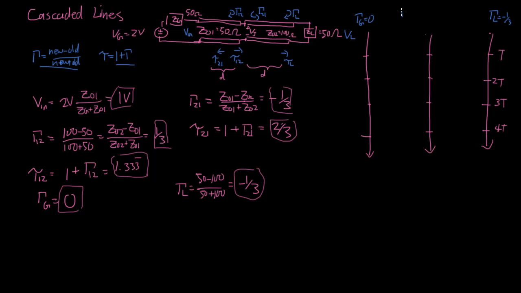And over here, I'll just summarize that gamma going 1 to 2 is 1/3. Tau 1 2 is going to be 4/3. Gamma 2 1 is going to be minus 1/3. And tau going from 2 to 1 is going to be 2/3. And now you just have to propagate away and make sure you don't mess up.